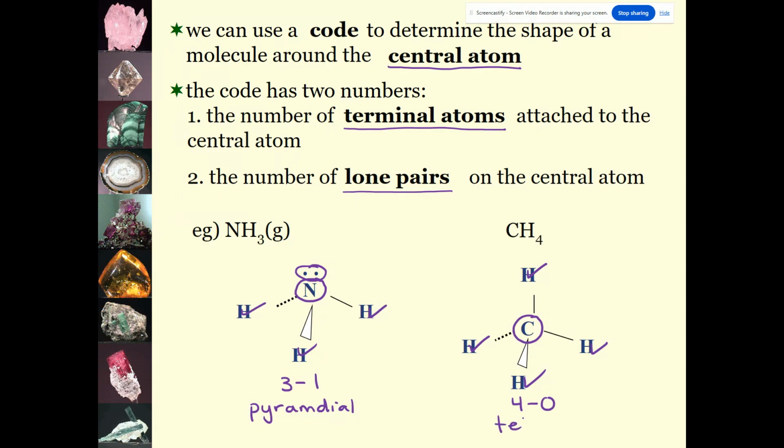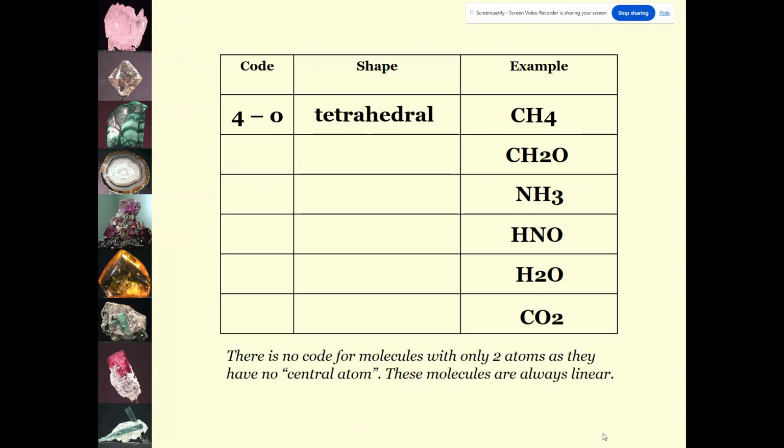So 4,0 is always tetrahedral. Okay? So the next slide is going to show us the code systems and what they all represent. So we already looked at 4,0, which was tetrahedral. If you have 3,0, it's trigonal planar. If you have 3,1, it's pyramidal.